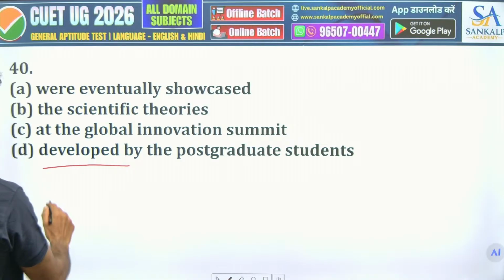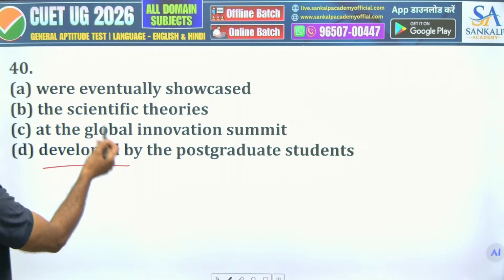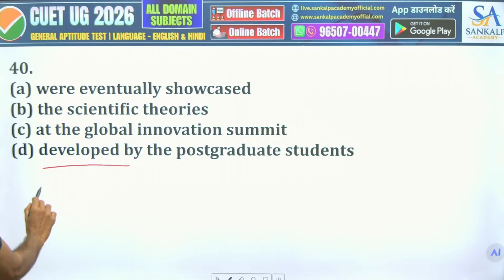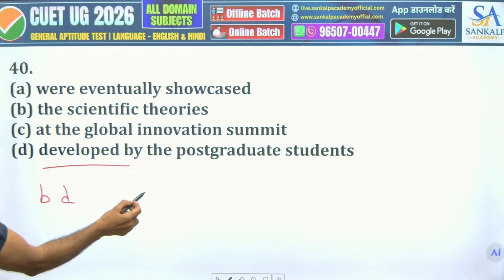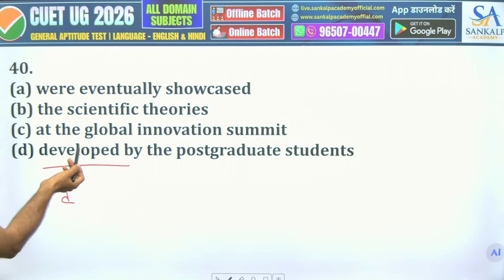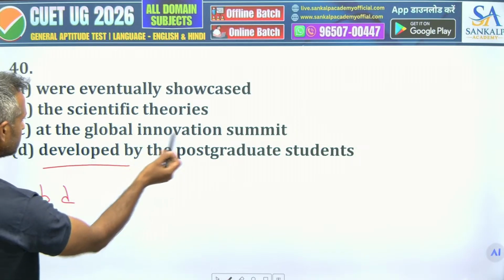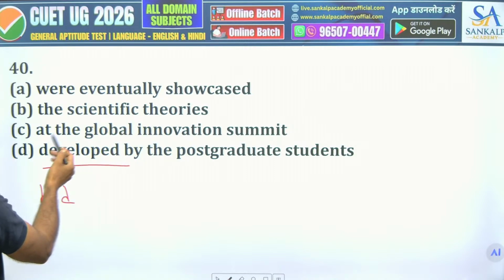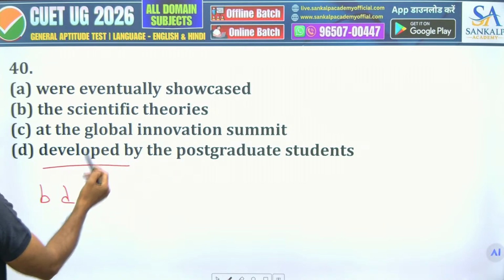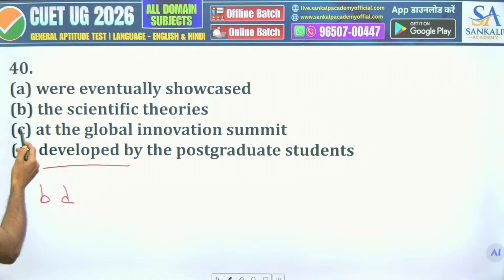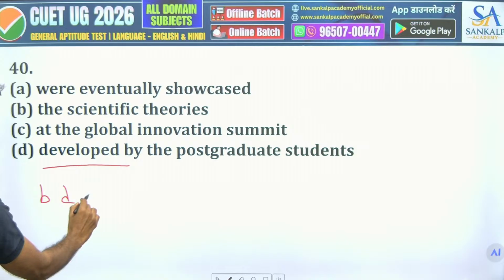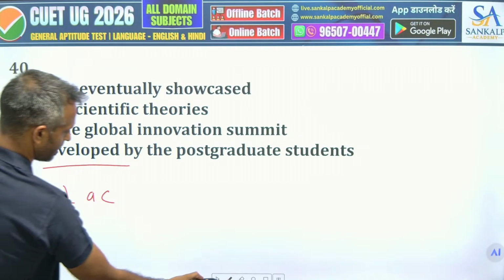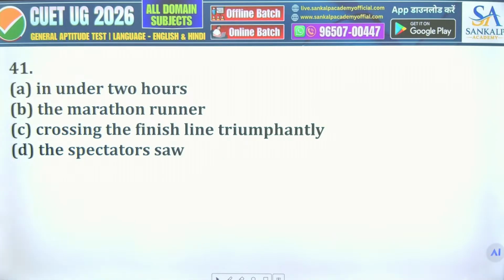So here, what can be developed? Scientific theories. So it goes like B, the scientific theories developed by the postgraduate students were eventually, of course this plural verb here, were eventually showcased where, at the Global Innovation Summit. B D A C. Next, we can move to next.